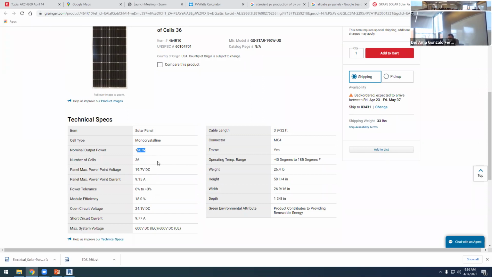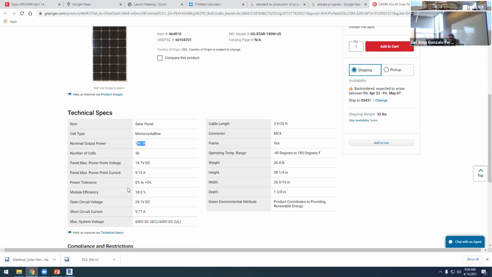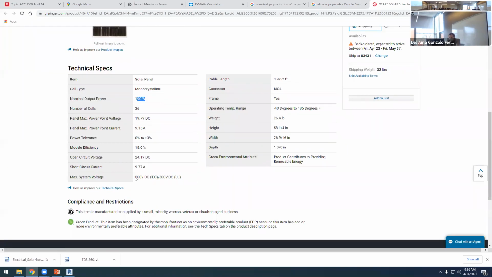Yeah, this is what I'm looking for, but I want to see the size of this panel. The module efficiency is 18. Yes, as I told you, it's always between 15 and 20. So this is 18, so it's quite good. 20 would be better, but 15 is worse.